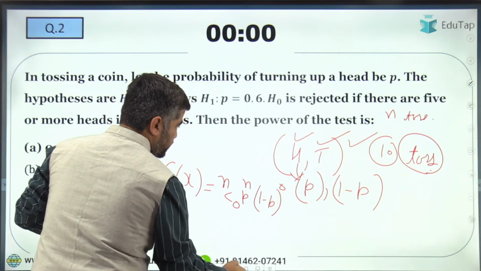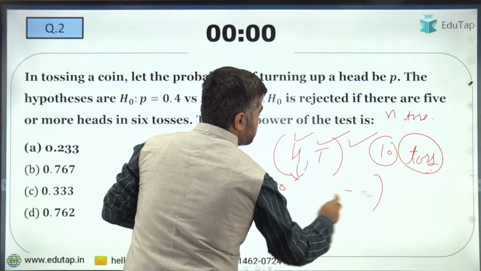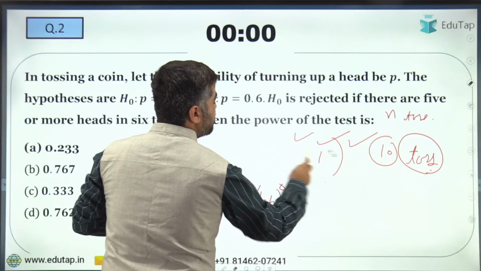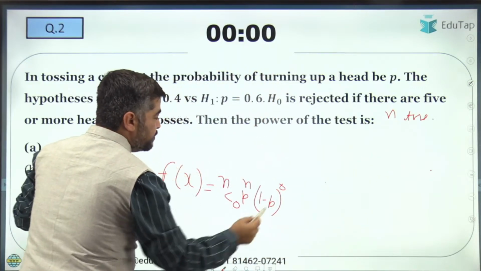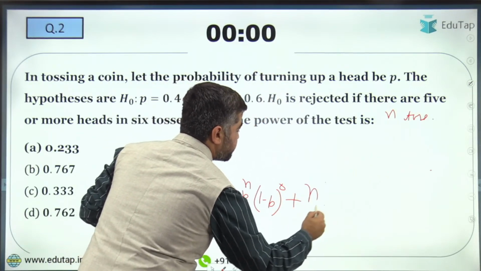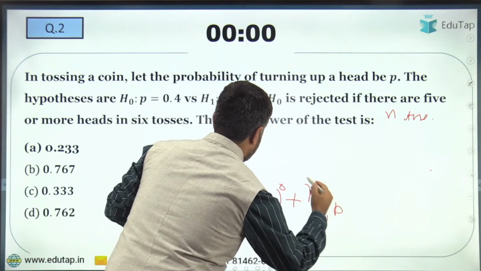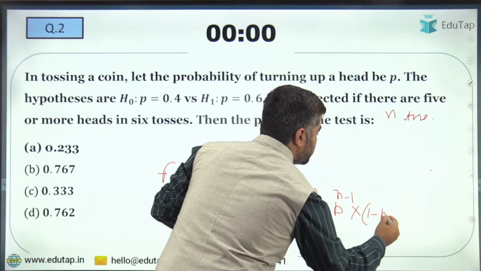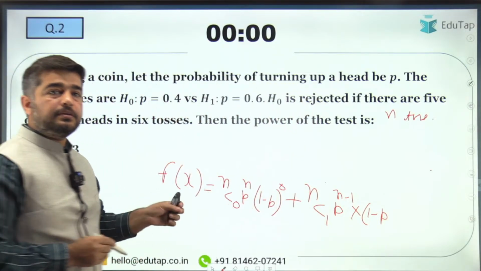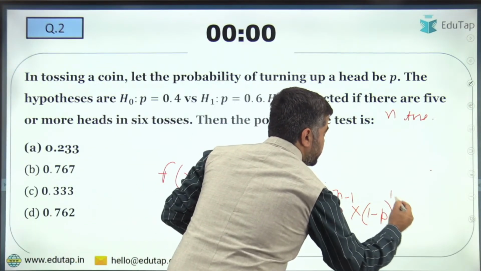What is C? C is combination. So the probability distribution will be nC1 p raised to power 1 into the non-event. Non-event is 1 minus p raised to power n minus 1.